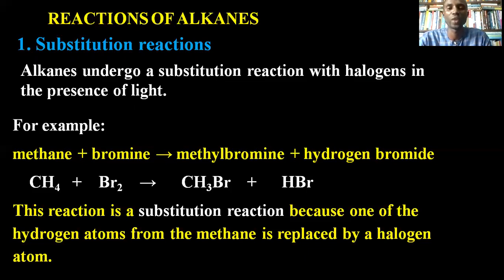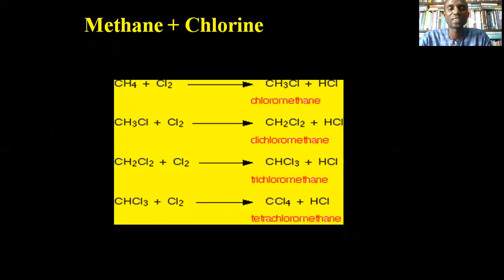Now, let's take chlorine as an example. First, methane will react with chlorine and it will form chloromethane. Then hydrogen chloride will also be formed as a byproduct. That chloromethane will undergo another substitution by chlorine again, and this time around 2 hydrogens will be replaced by chlorine. We'll have dichloromethane.